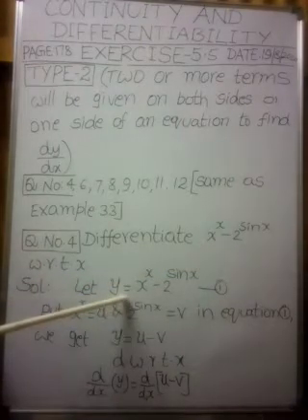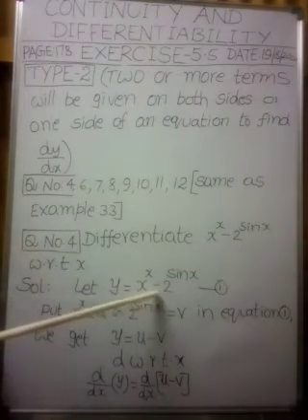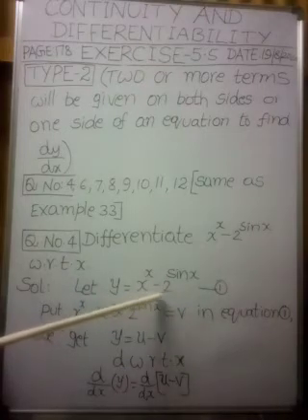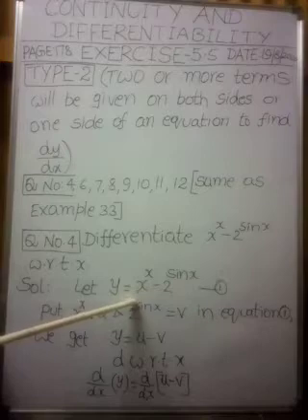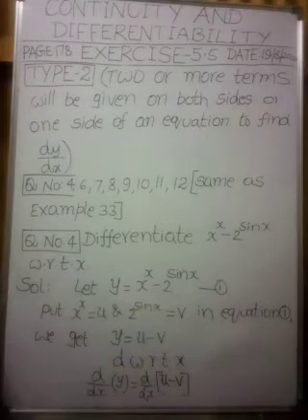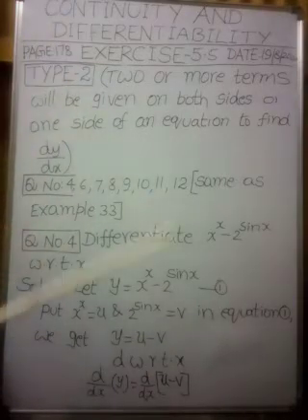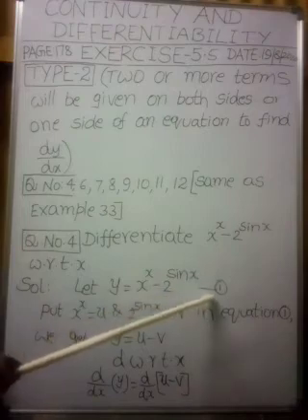So y is equal to x power x minus 2 power sin x. For any question, first we write this step. Okay, my dear children, remember these steps while you are finding dy by dx in the type 2 questions. Let us consider this is equation 1.